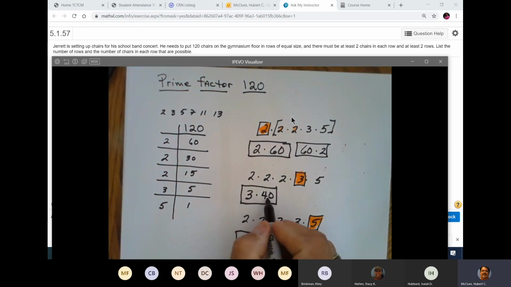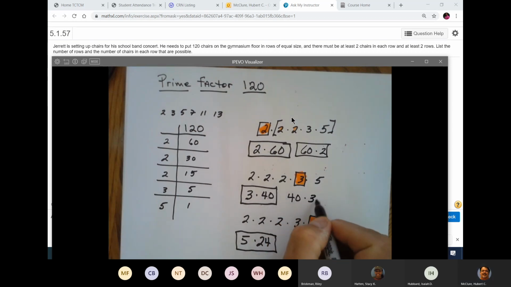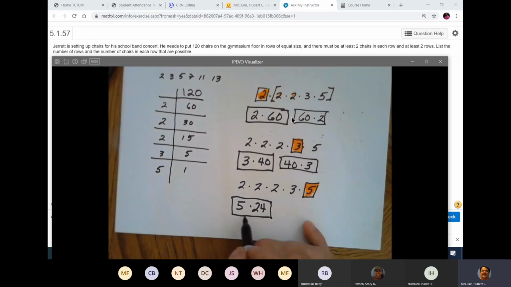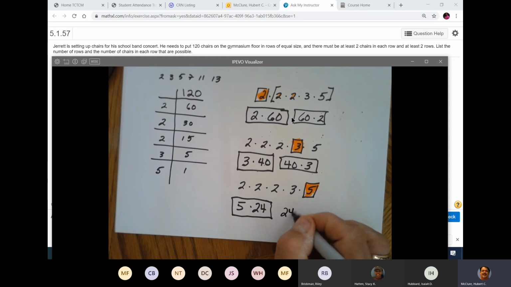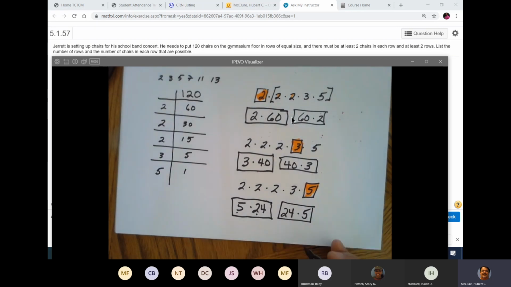You can have 3 rows of 40, or 40 rows of what? 3. And you can have 24 rows of 5, or you can have 5 rows of 24.